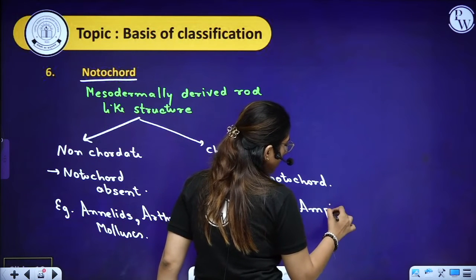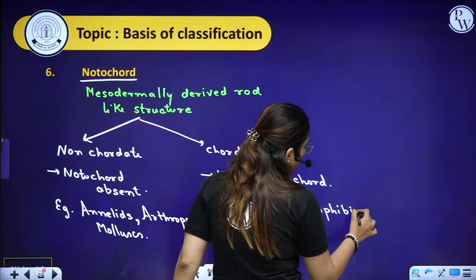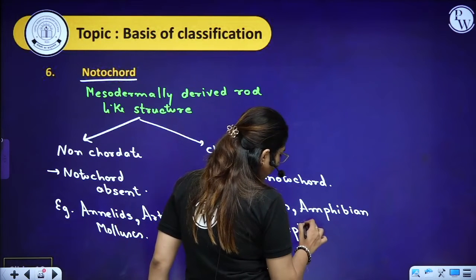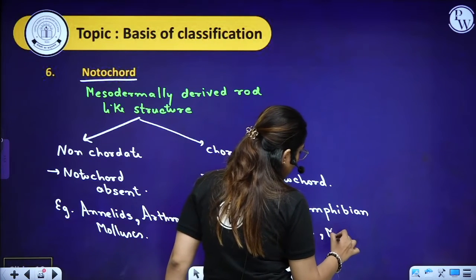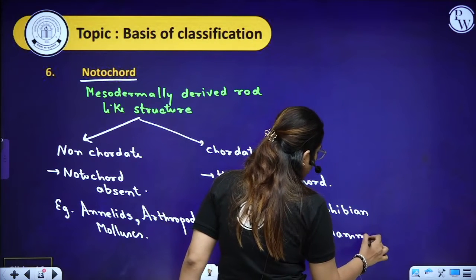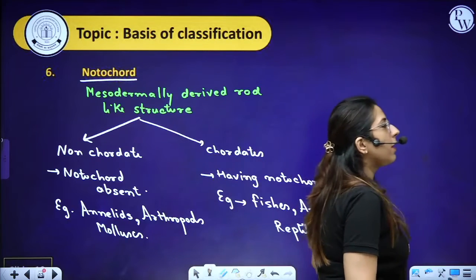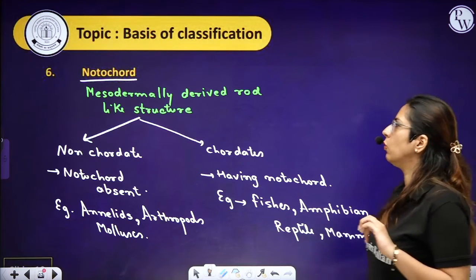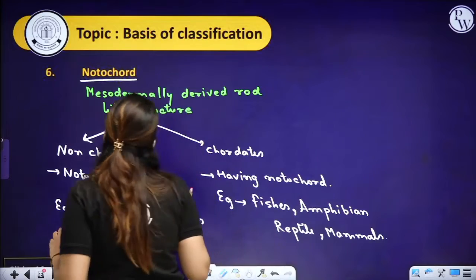Amphibians, the reptiles, the mammals, all these groups of organisms are considered as chordates. That means they have a notochord, right? Clear? Notochord, a mesodermally derived structure, right?